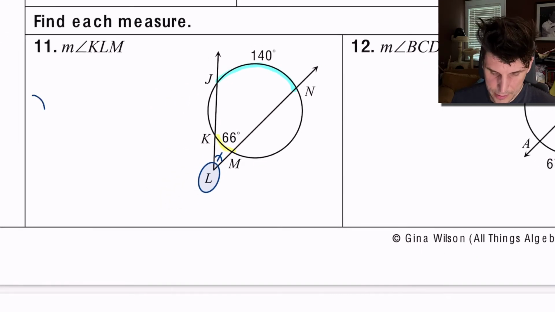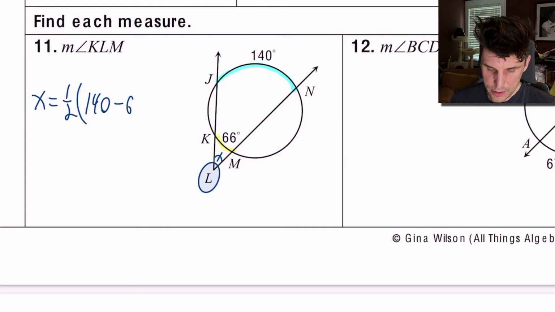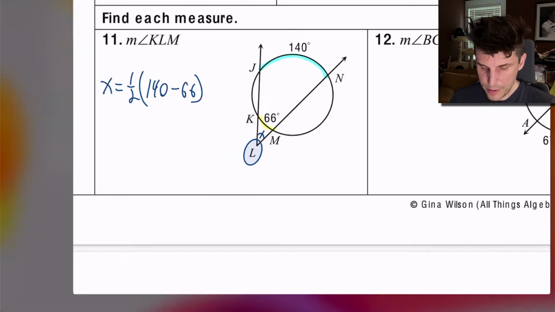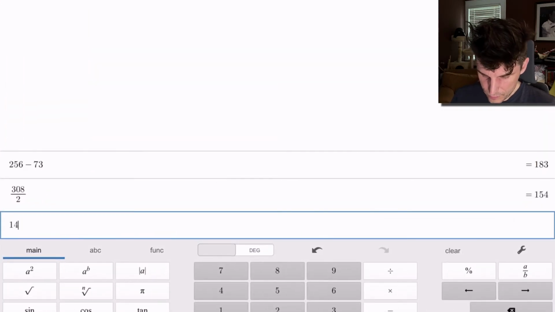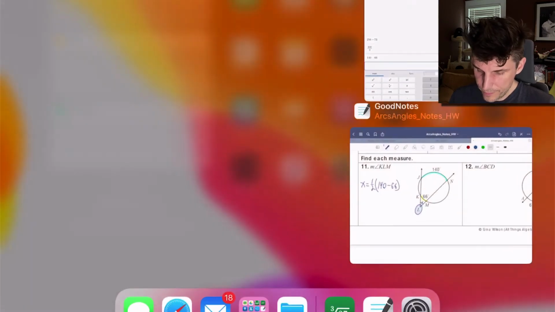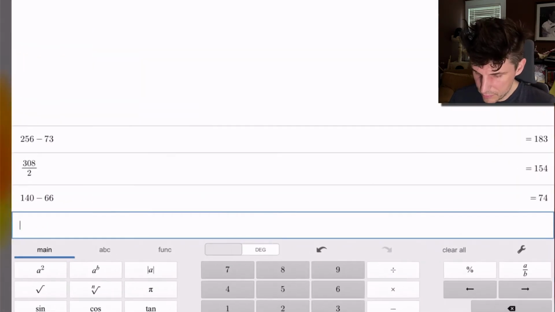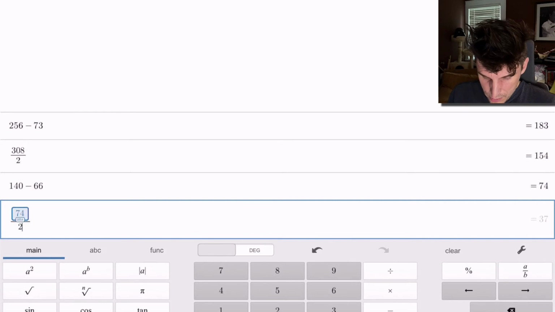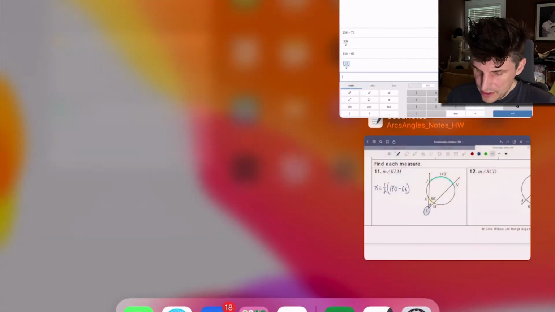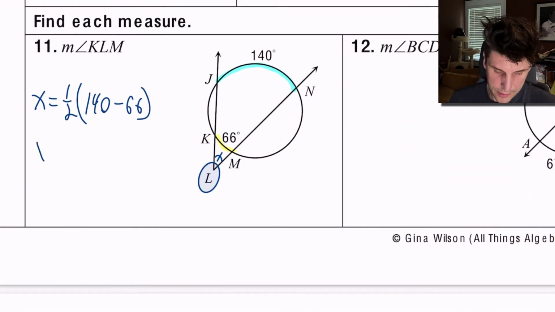So X equals 1/2 of the difference of those arcs, 140 minus 66. 140 minus 66 is 74, and then divide that by 2. All right, so that's 37. So X equals 37. That means the measure of KLM is equal to 37 degrees.